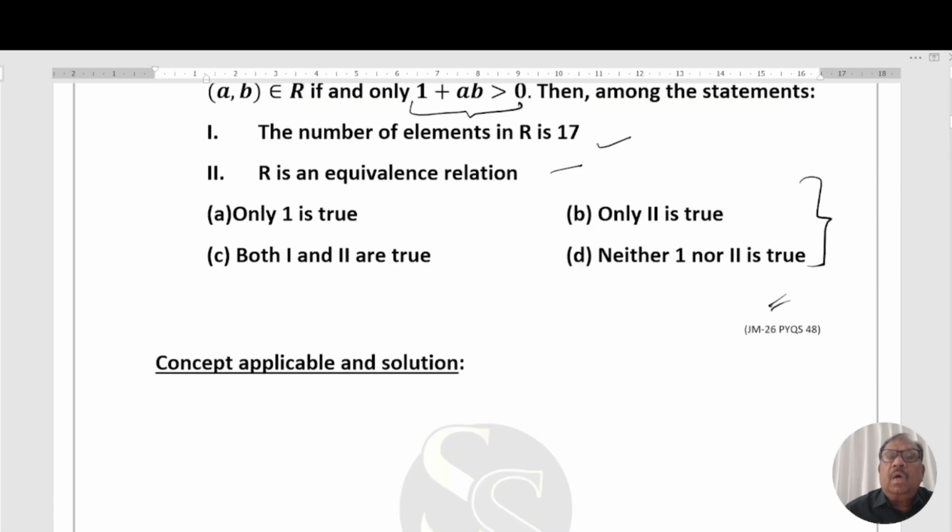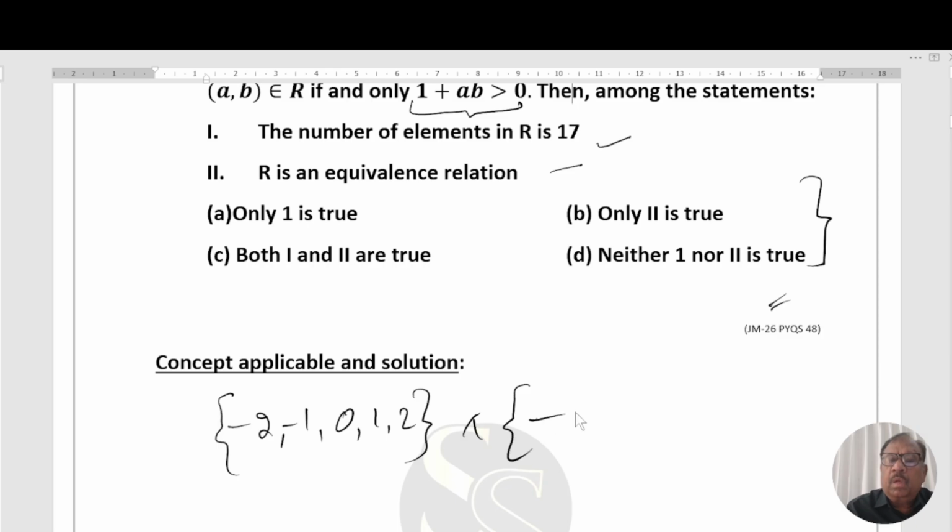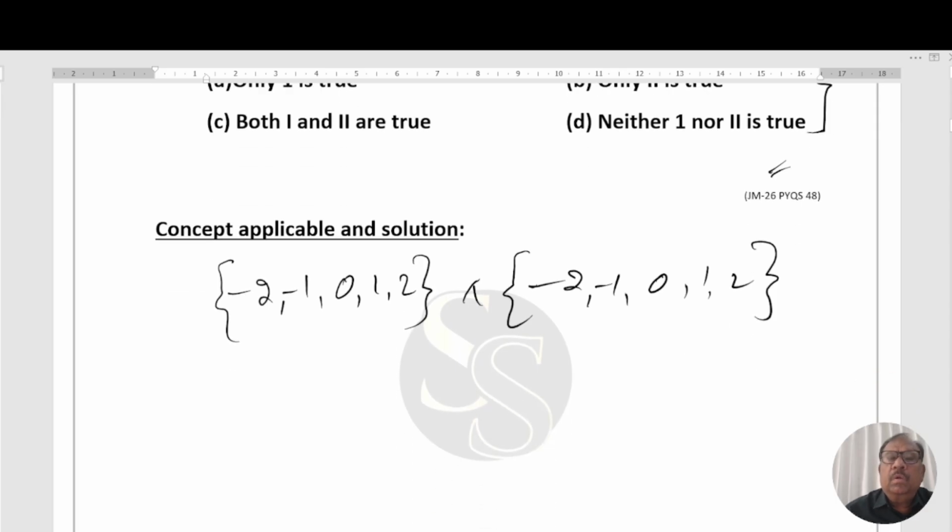A cross A, where A is {-2, -1, 0, 1, 2}. This is all.